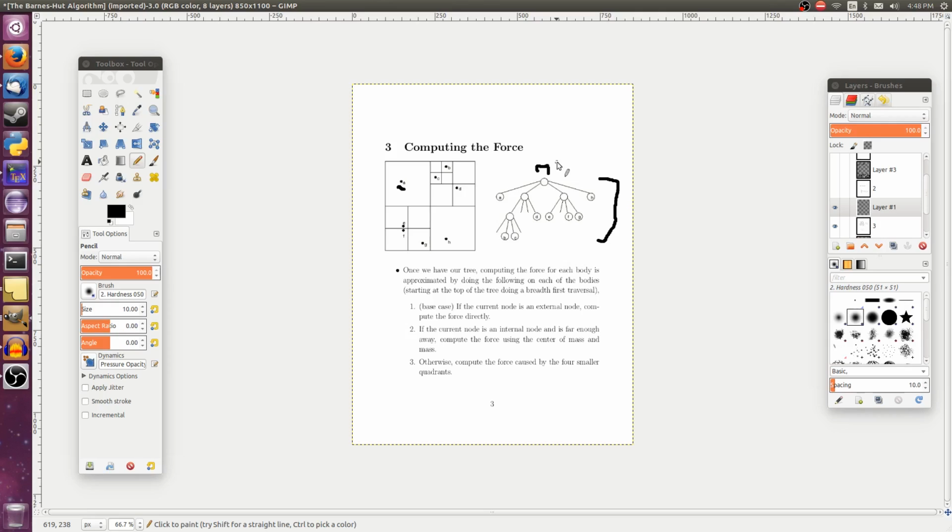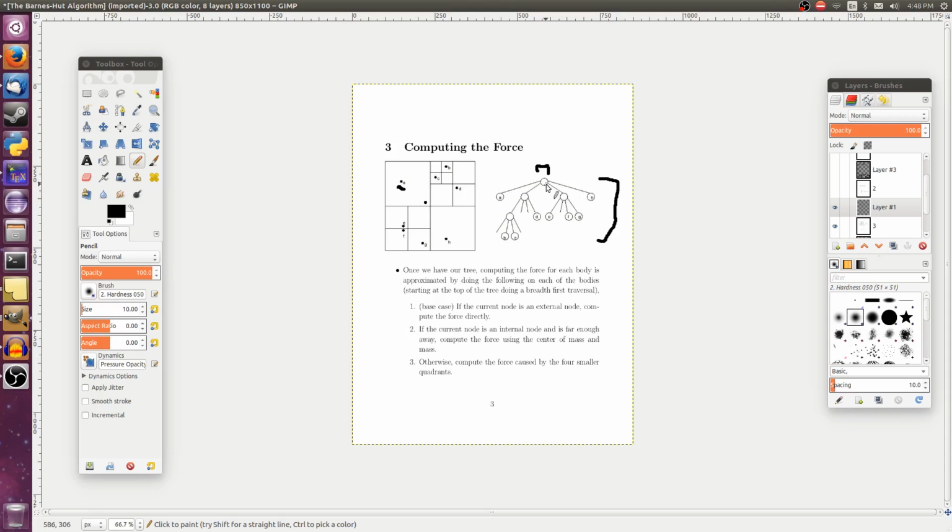So we'll say that's the case just to see all the different steps here. So let's say this one is not far enough. So the center of mass, let's say it's like here, and that's not far enough away. We need to get a better approximation.